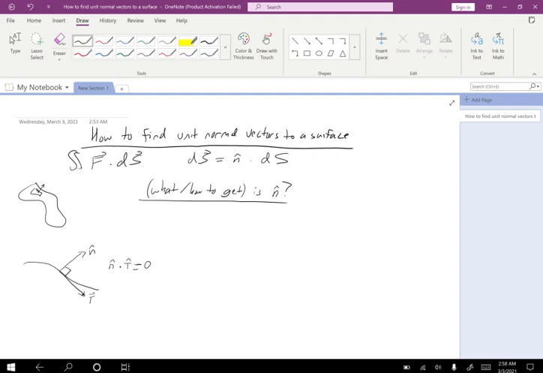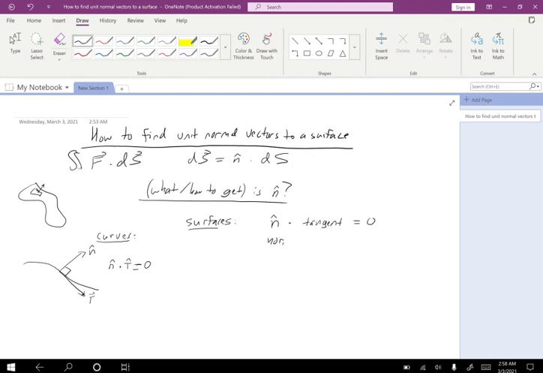Well, in the surface case, it's very similar. So the idea is that the normal vector dotted with tangent vectors is equal to 0.